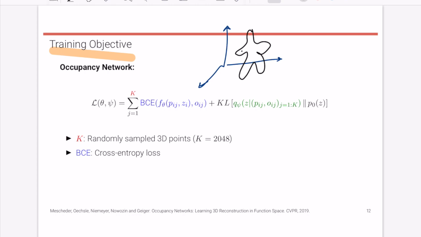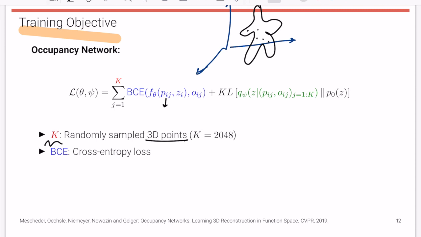So for training, we just sample K 3D points from the whole point cloud representation. In this equation, I is the index of the batch, because this is the objective function, then j means the index for the sampled 3D point.